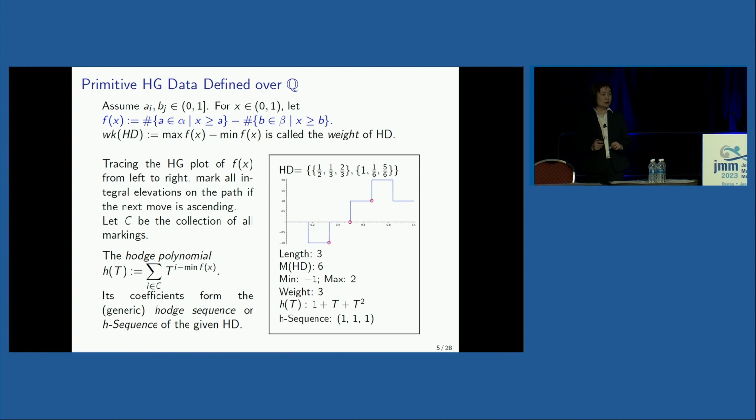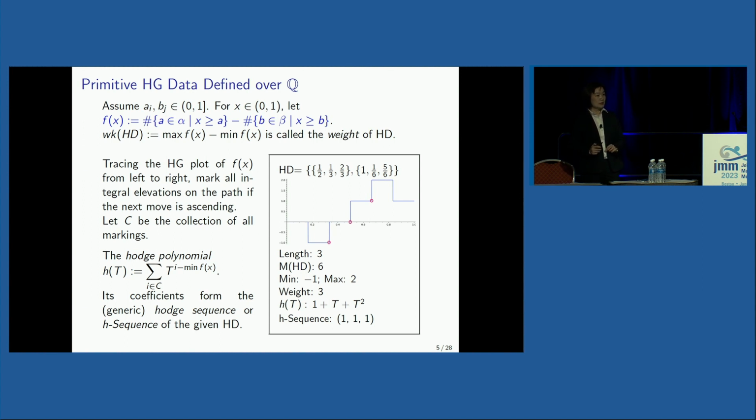You collect all the markings in a set called C, and then you can get a polynomial. It's constructed in variable t as a summation over all i in C of t raised to i, in C raised to the minimum of the hypergeometric plot. And for the current case, we get the polynomial 1 plus t squared.